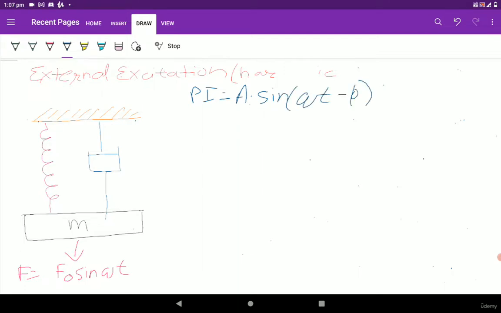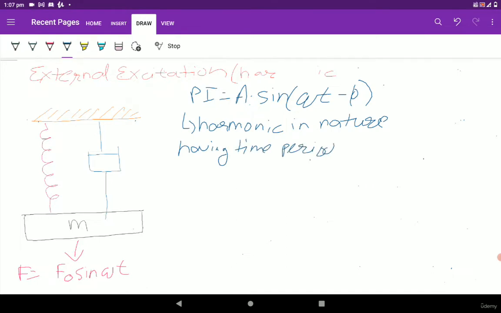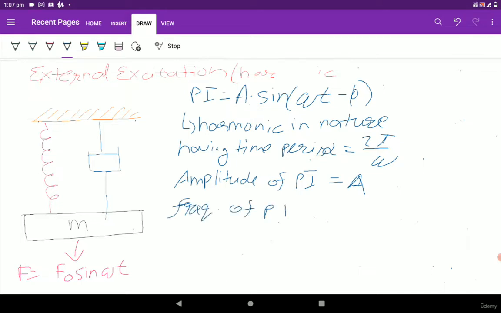So this is harmonic in nature, having time period equal to 2 pi by omega. The amplitude of the particular integral is equal to A, and the frequency of the particular integral is omega, that is the frequency of excitation.